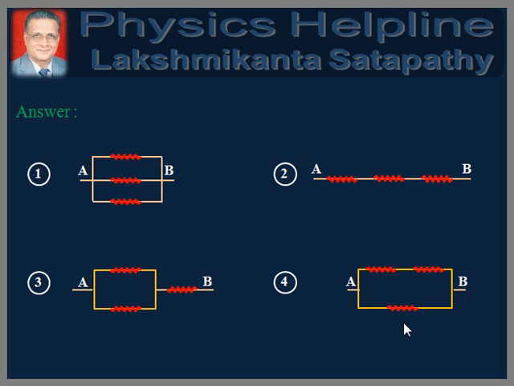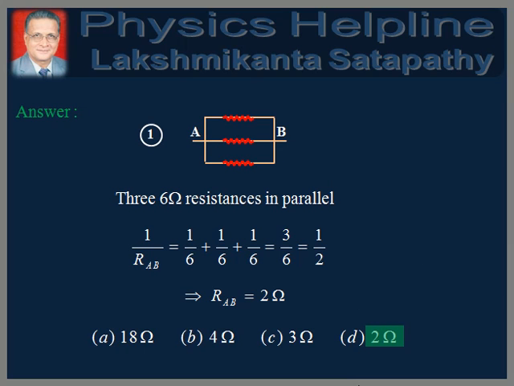Let us find the equivalent resistance in each case and then we can decide which one of the choices is not an equivalent resistance. The first case, three 6 ohm resistors are connected in parallel.